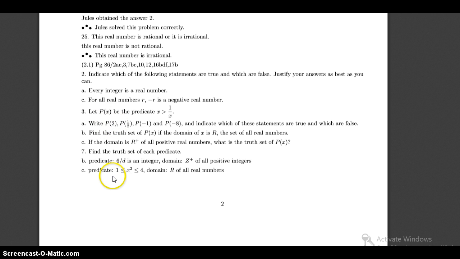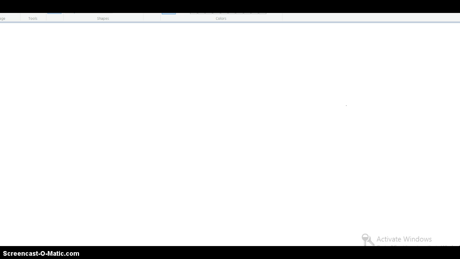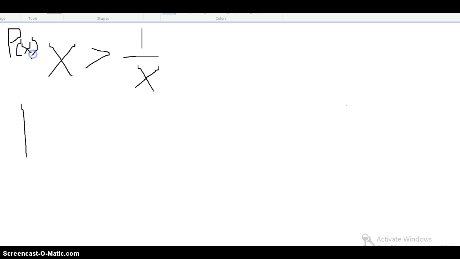Okay, so what is P of 2? I can do, say, for example, P of 3. Let's write down the statement. x is greater than 1 over x. And so this statement here is called P parenthesis x. Now, what is P of 3?